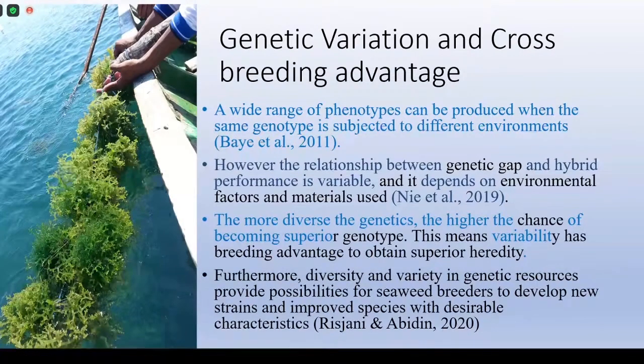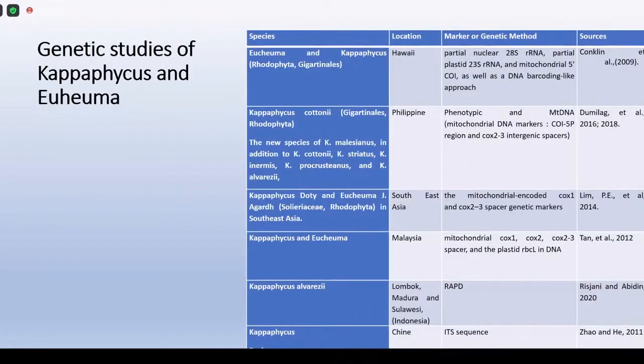This means variability has breeding advantage to obtain superior heredity. Furthermore, diversity and variety in genetic resources provide possibility for seaweed breeders to develop new strains and improve species with desirable characteristics.